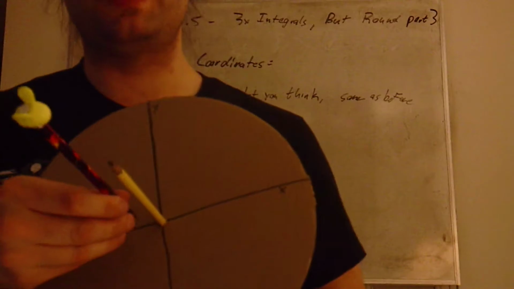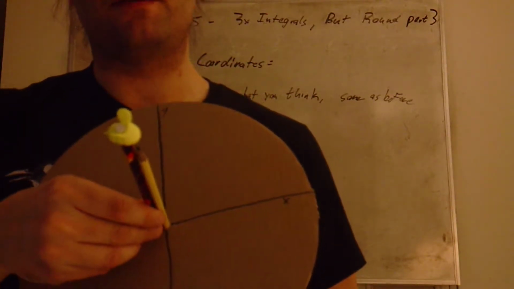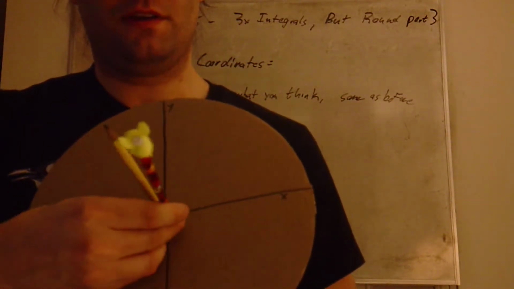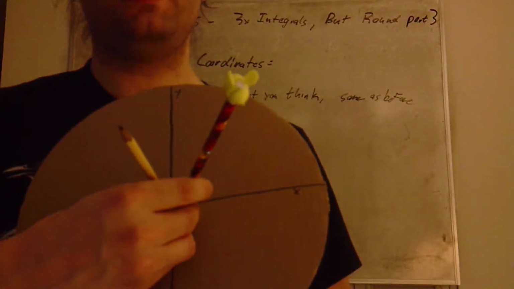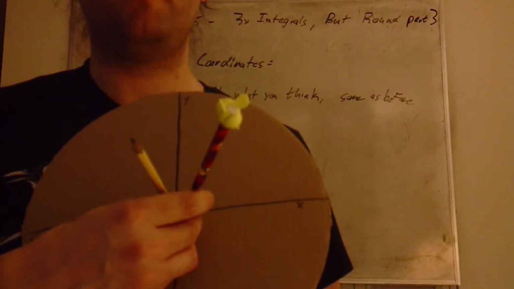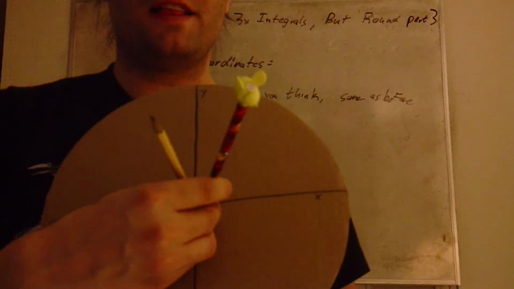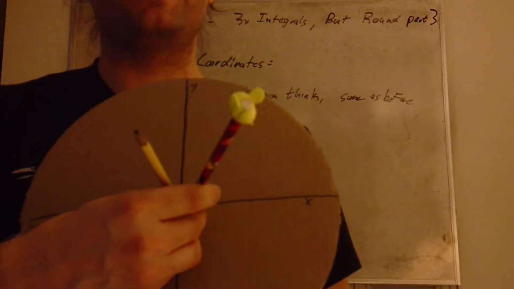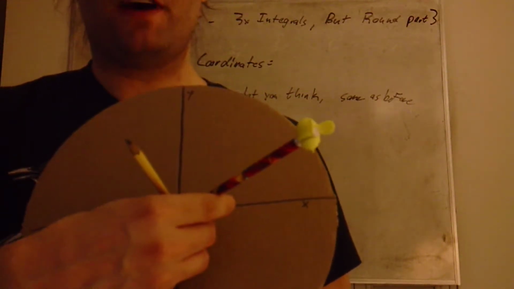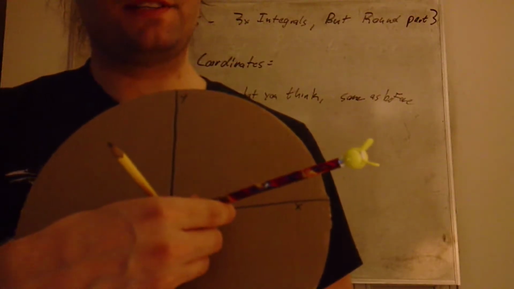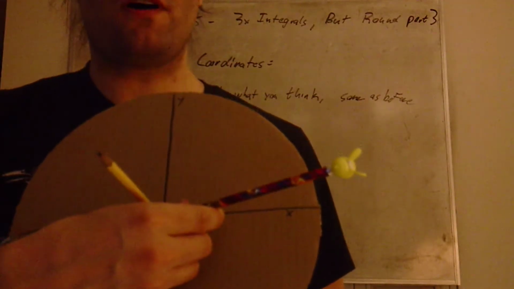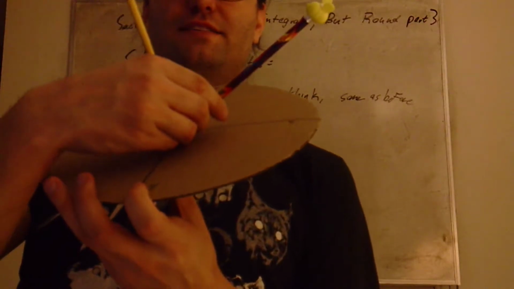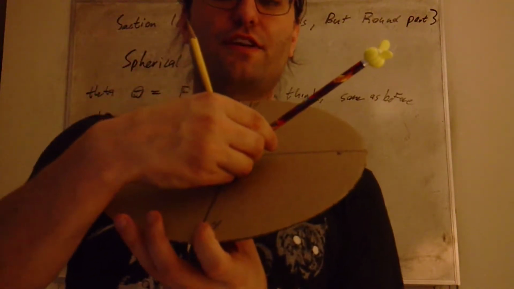Phi equals 0 is vertical. Phi equals pi over 6 is 30 degrees. That's 30 degrees off of the z-axis. 45 is right in the middle. 60 degrees is 60 degrees off of the z-axis, 30 degrees off the plane.